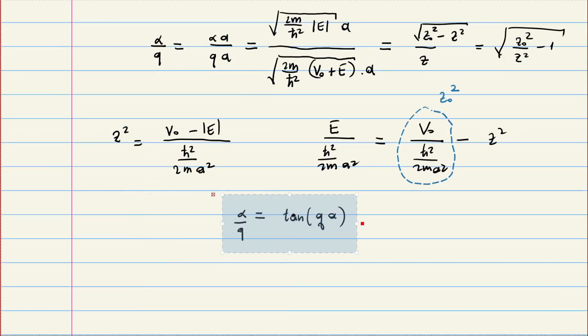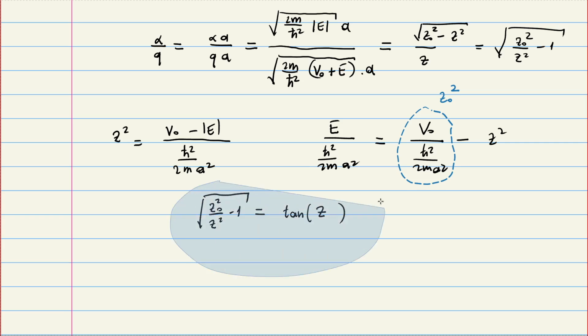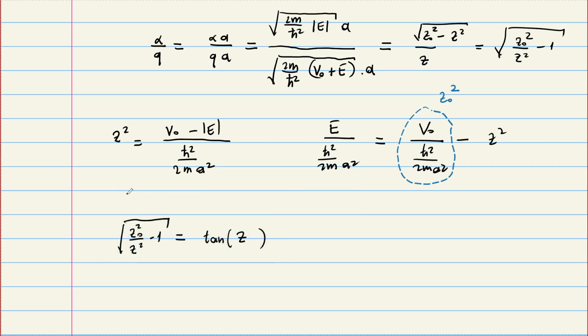So this equation is going to give me, inside I have z and alpha over q is z naught over z squared minus 1. So this one is even. And you can do exactly the same manipulation.